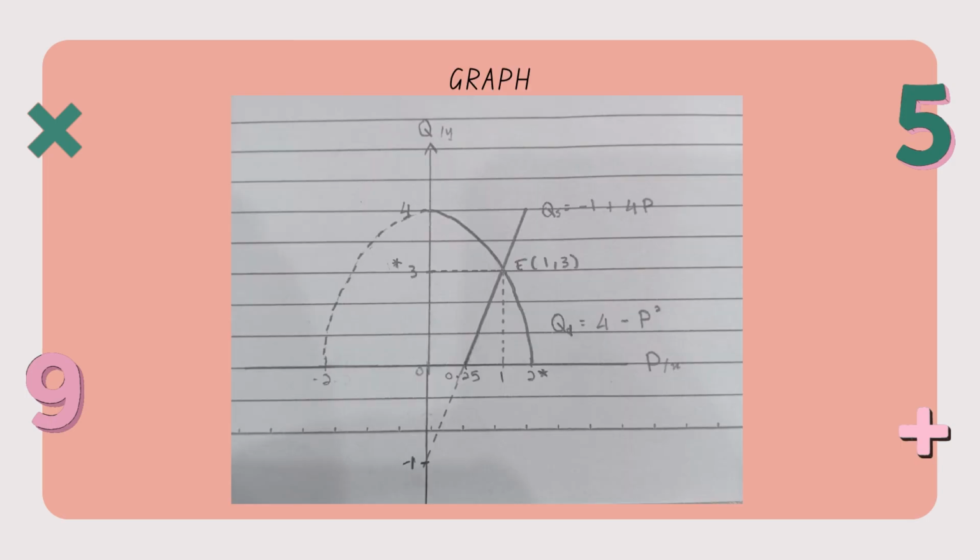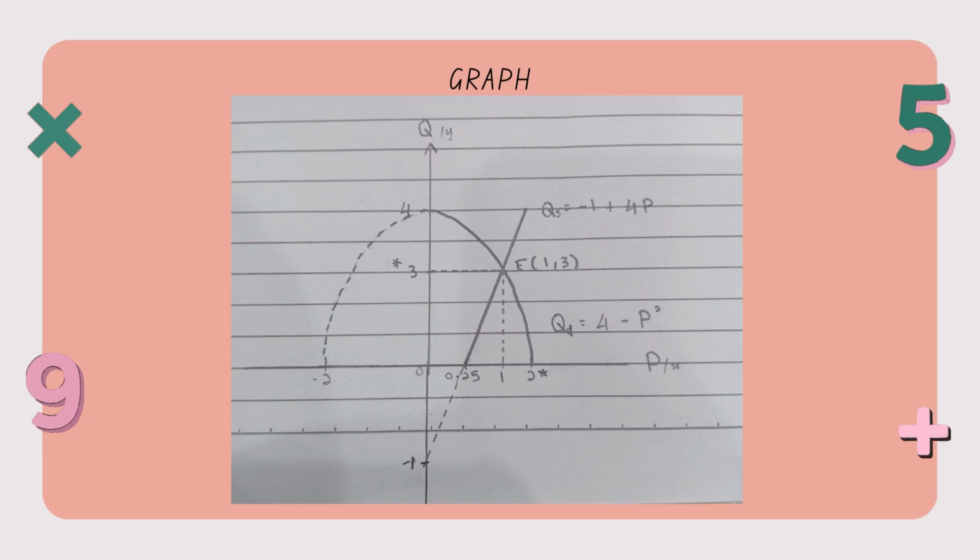Now, for us to draw the graph, Q will be on the y-axis and p will be on the x-axis. First, we should draw the supply function, which is Q equals -1 plus 4p. As it is a linear equation, there will be two intercepts, which are -1 for y and 0.25 for x.